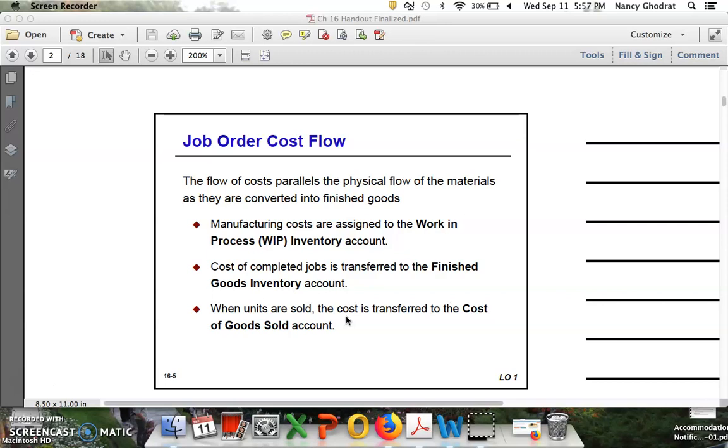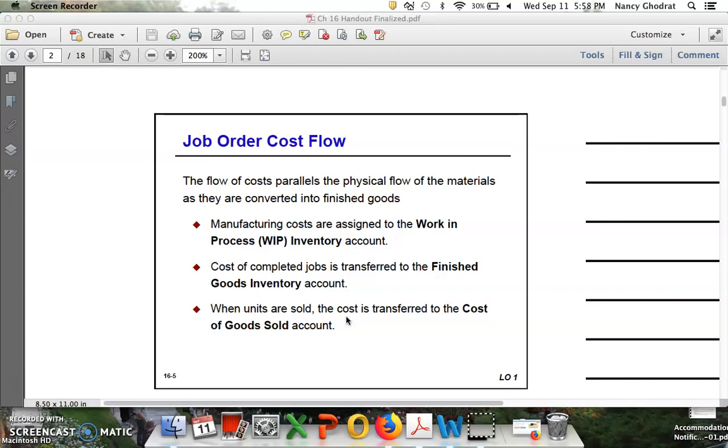And what we're going to do is that as raw material is worked by labor and machinery and becomes work in process, as an accountant, we're also going to move the cost the same way that the product moves physically throughout the process. So first, the costs are cost of raw materials, labor, and overhead, and then they become cost of work in process.